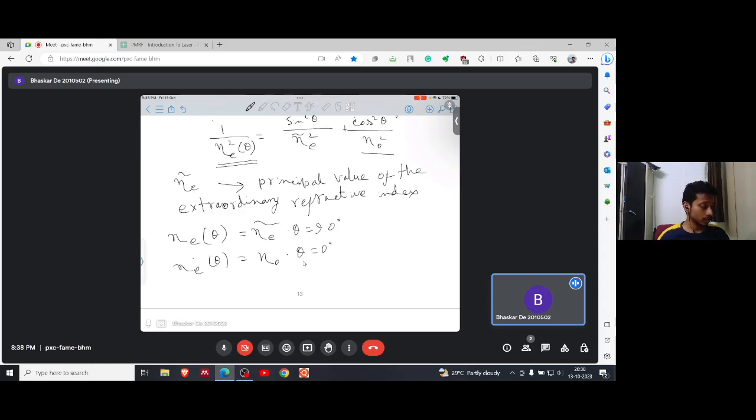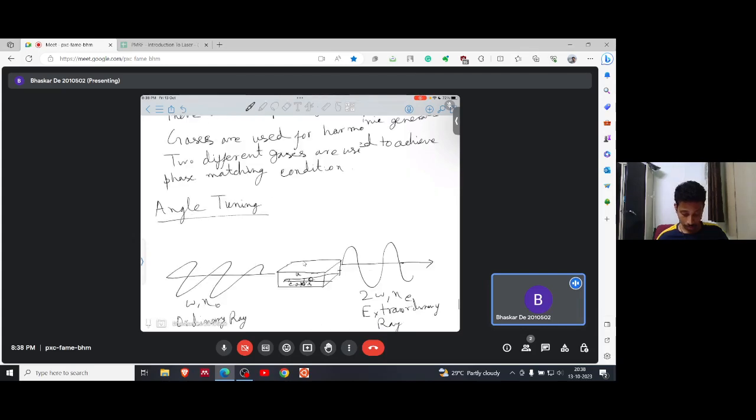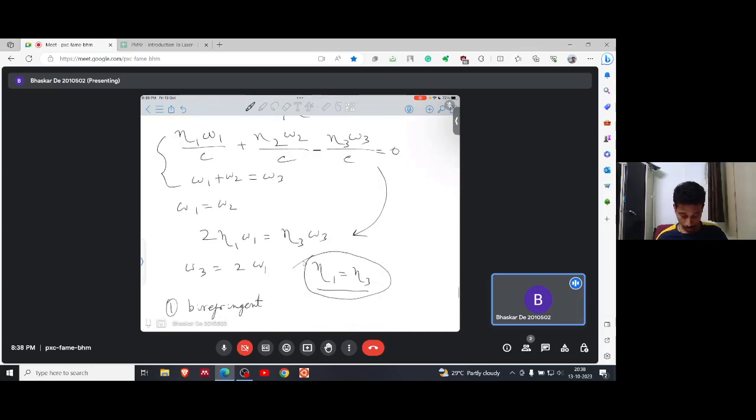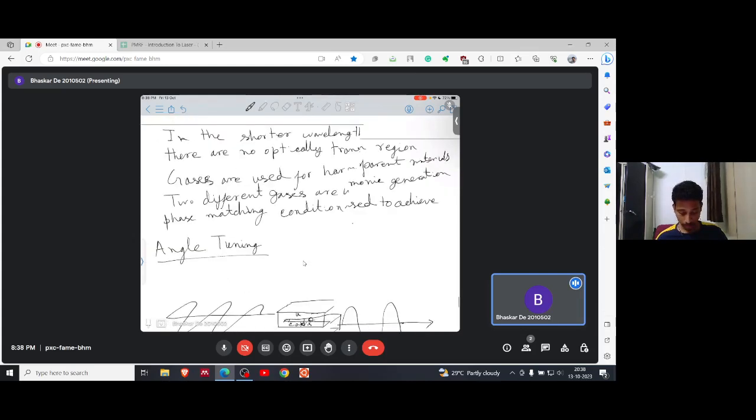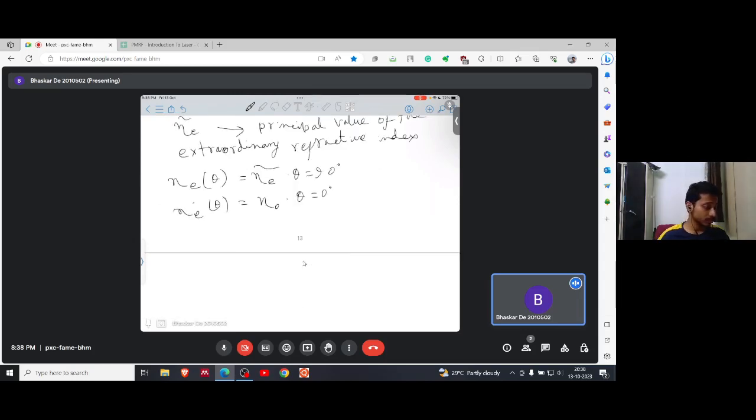it is possible to select a range of values for n_e from which this condition can be satisfied.